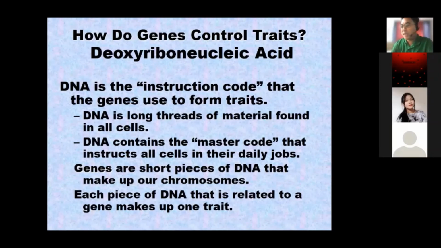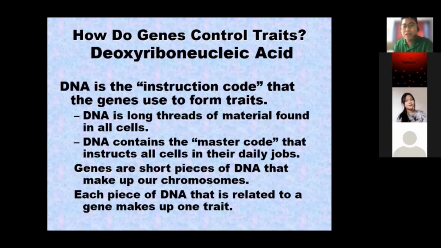So, meron din tayong, example, we have cloning. So, yung cloning naman is an example wherein it replicates DNA. Kung ano yung DNA na meron sa isang organism, parang pinotocopy mo siya. So, yung DNA na meron yung isang organism, ipasa siya as the same copy by using the DNA of that organism.